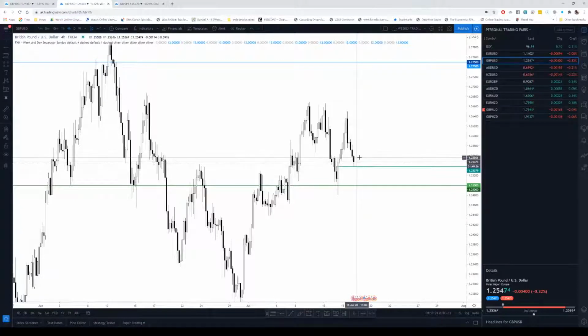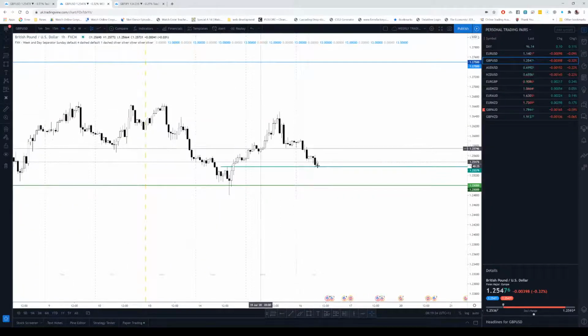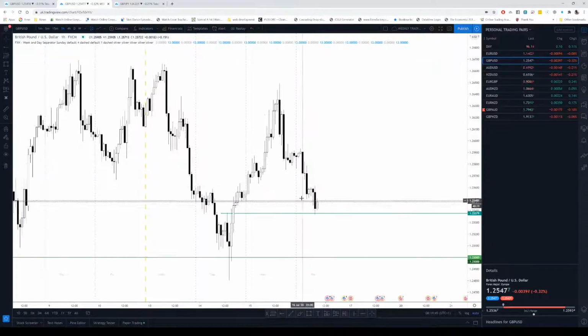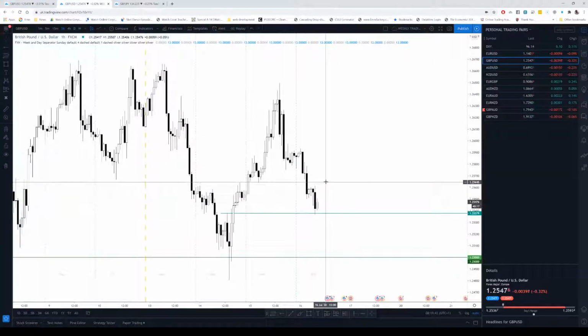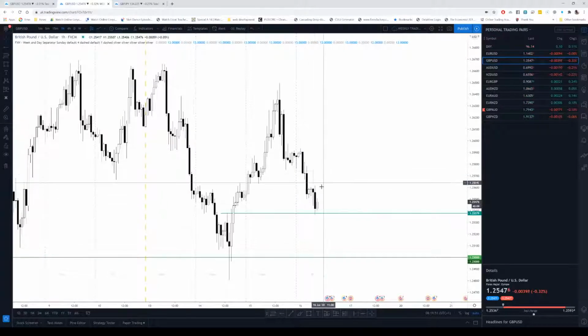Now with this and with what the dollar is doing, I'm extra cautious to see what price will do. Therefore, I'll wait for my rejection pattern to give me an entry here. If I don't see the rejection pattern, I'm not taking it. My rejection pattern is, now that we've driven down to hit this level, I'm looking for a swing low formation.